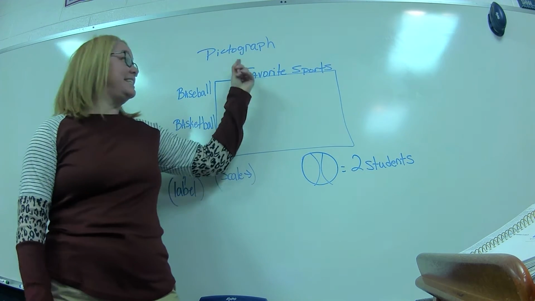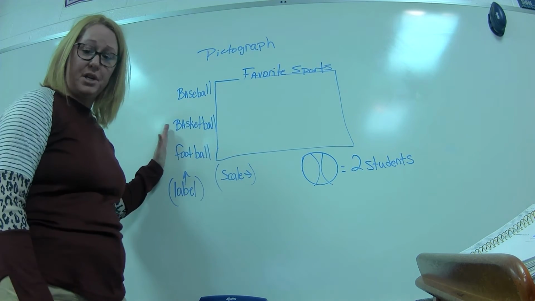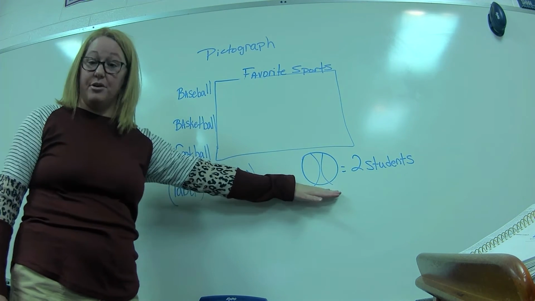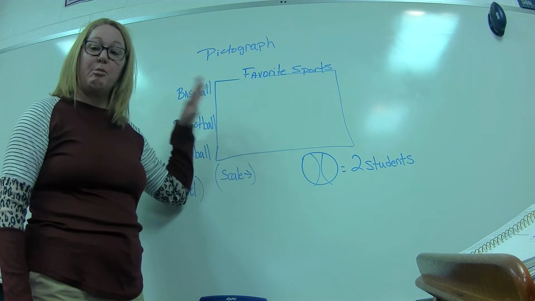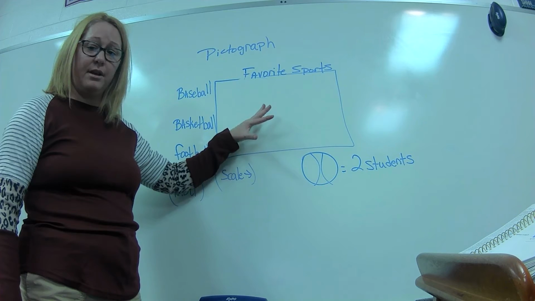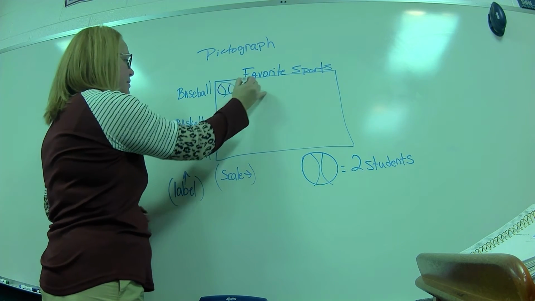It has a title, it will have what's called labels, and it will have a scale, numbers to report your data. So on this pictograph, I'm going to draw some balls up here.